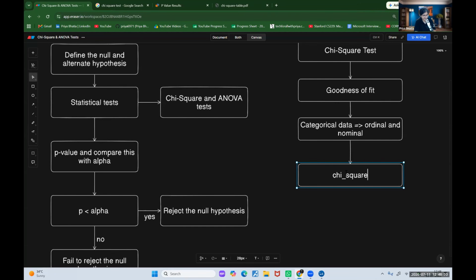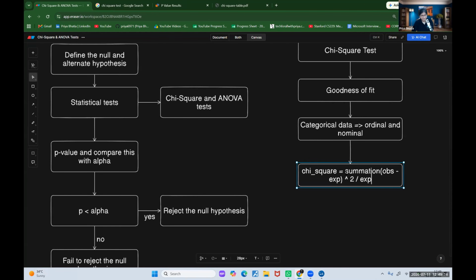We have seen that we need the summation of the observed value minus the expected value, whole square, divided by the expected value.